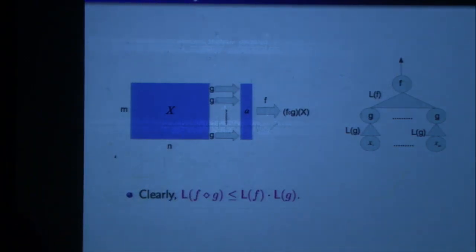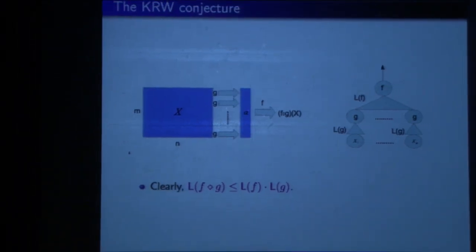Why is that? Because we take every leaf in the formula for f and we replace it with a formula for g. So in general, we get the number of leaves of g times the number of leaves of f.